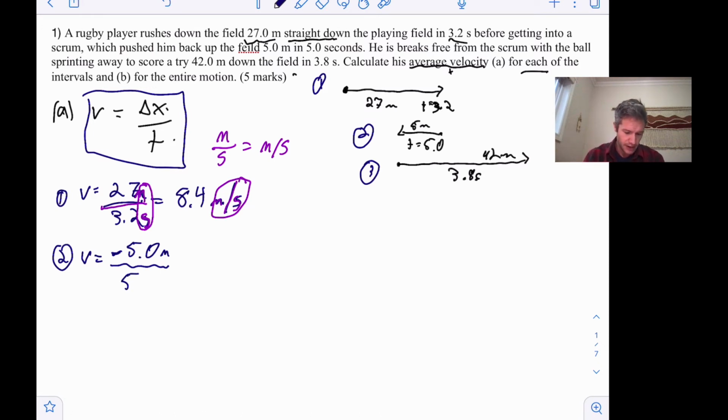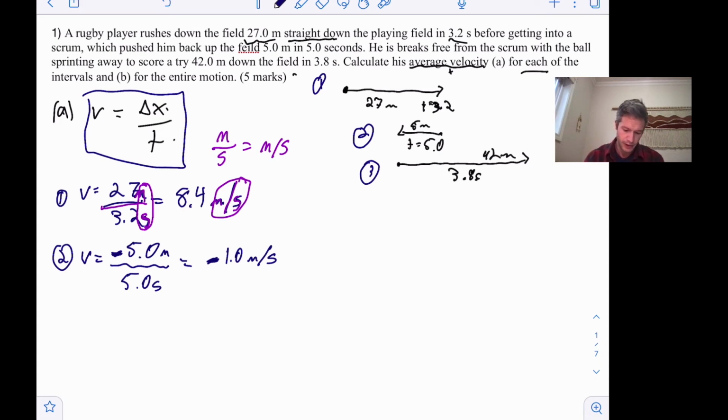So we're going to say 5 seconds. And when we put that into the calculator, what we get is a negative 1 meter per second. Okay, so you'll want to just be mindful of that when you're talking about velocity, in particular a question like this. Okay, great.